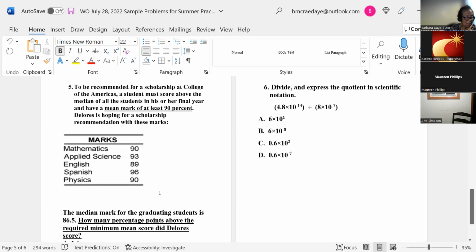That's a red herring. When they give you something in a problem, you don't need it. So all you need to do is find the mean of these scores. And then once you find that, you can find how much different it is from 90, because that's the requirement, and that would be your answer.